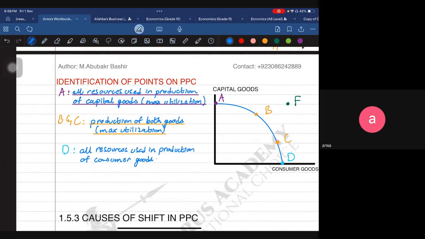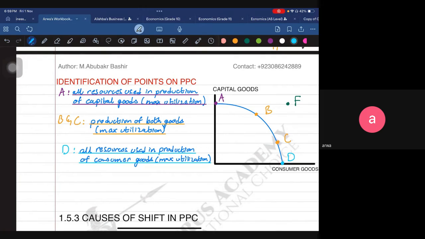So again, can we say that there is maximum utilization? Yes, sir. But you are not happy with that because they are only making one good. Yes, sir, I also agree to that.